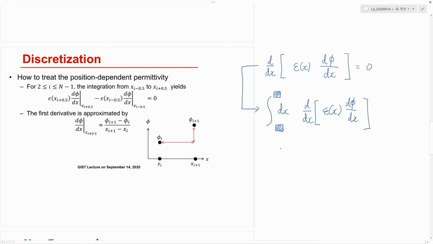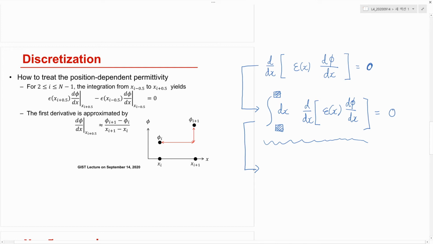Then this is just the integrated left hand side. Then what will happen to the integrated right hand side? Since the right hand side was 0 identically, even after performing the integration, our right hand side should again be just 0. Let's go to the next step.